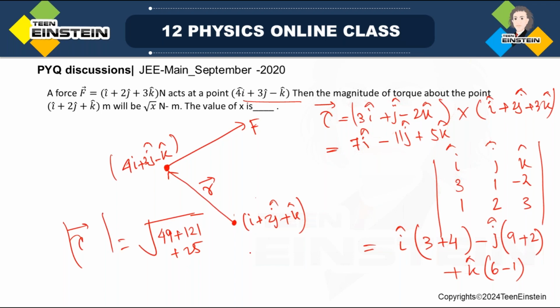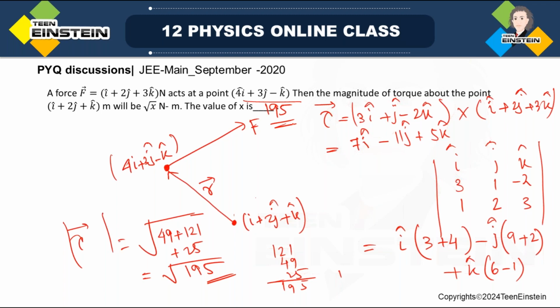So 121 plus 49 plus 25 gives 195, so square root of 195. So this is the value, and this is the answer.